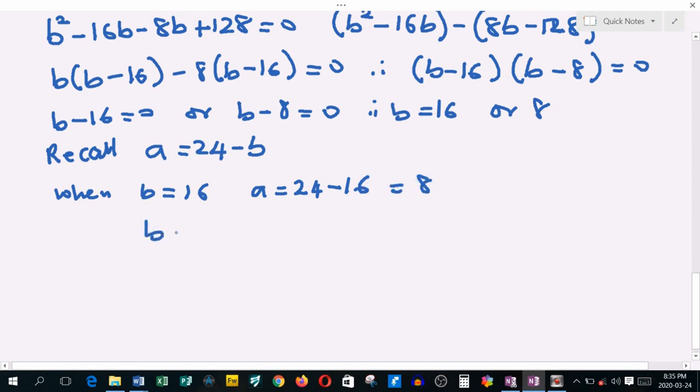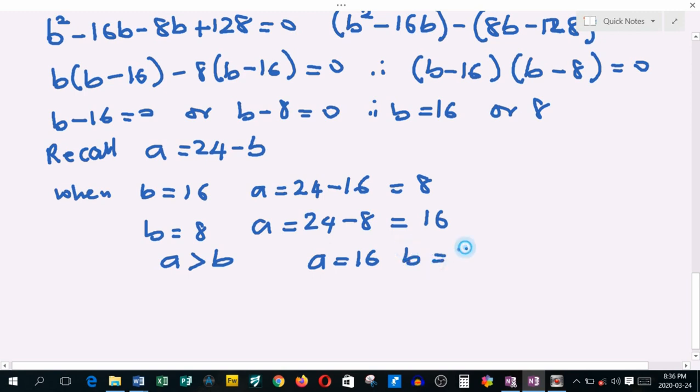And when b is equal to 8, a will become 24 minus 8. That will give us 16. But recall that our a must be greater than our b. So we take a that is greater. Our a is equal to 16 and our b is equal to 8.